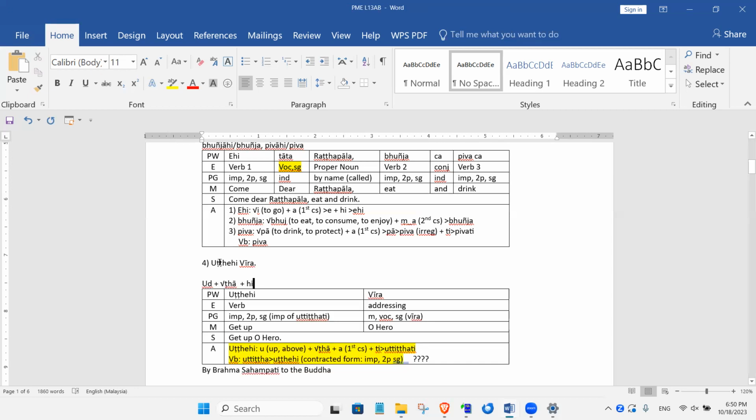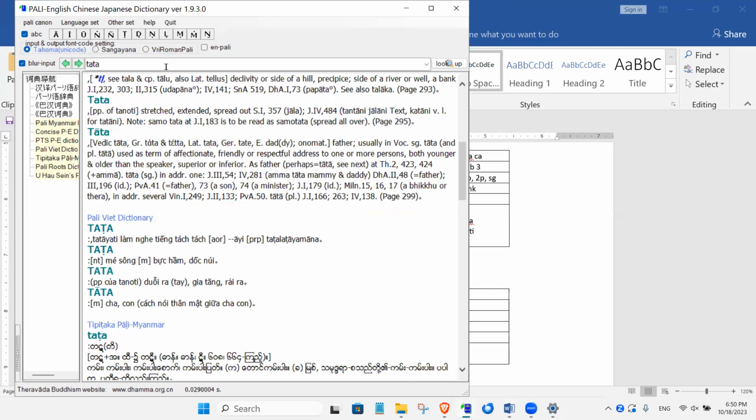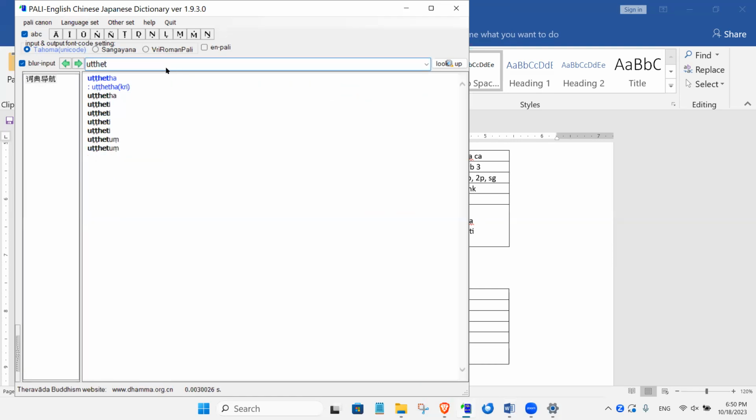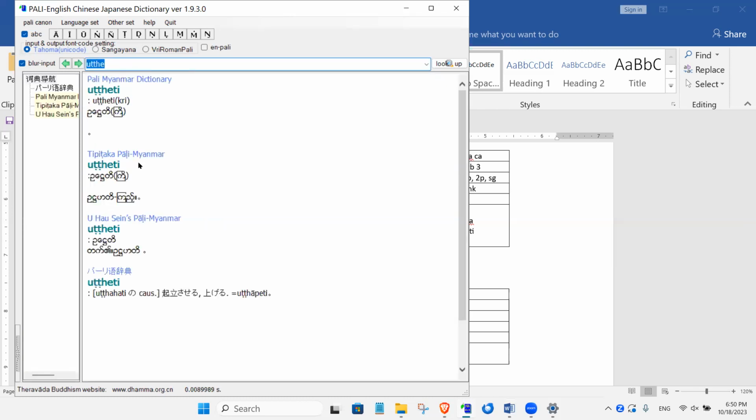Now this a, where is the a coming from? Utehi. So can we check, do we have this ute? Yes, you have utehi. Uteti, yes.